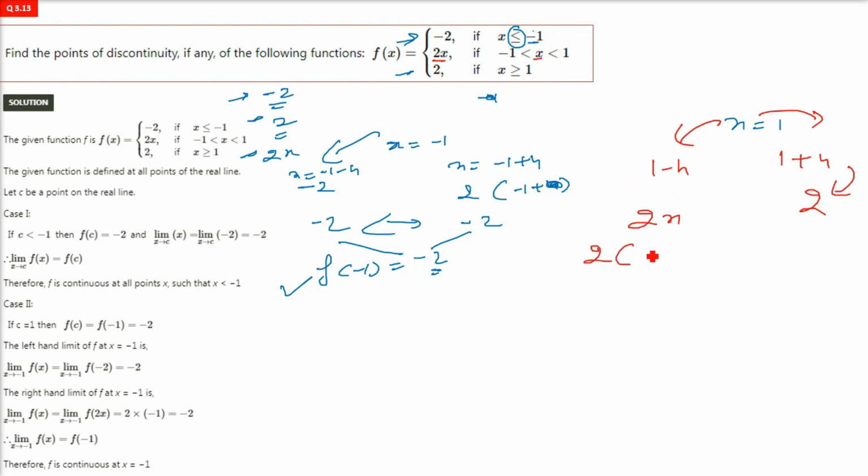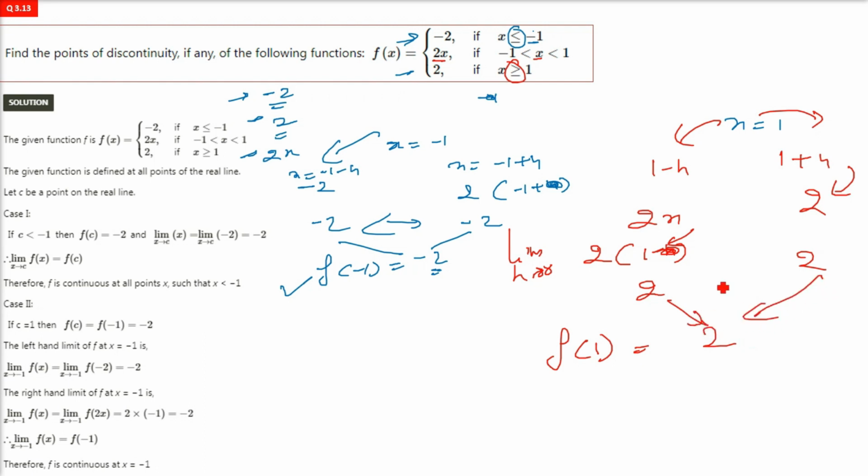Here you can put 2 into 1 minus h. Just apply the limit h tends to 0, so it will be 2 here, 2 here. And the function value at x equals 1 is already given as 2. So LHL, RHL and the value of the function at 1, they all are 2.